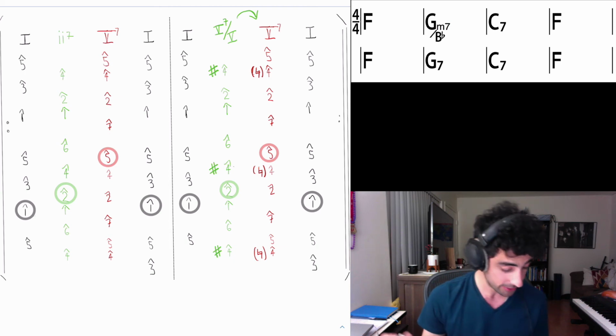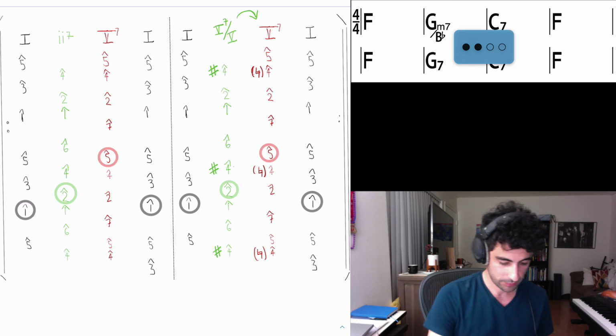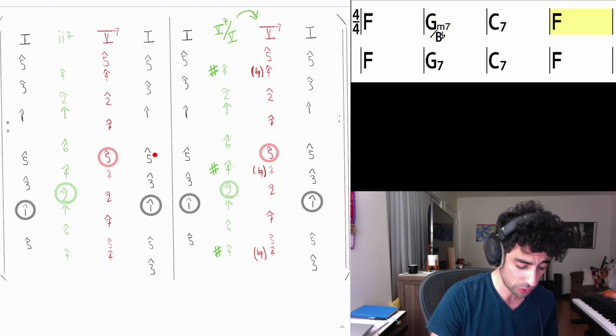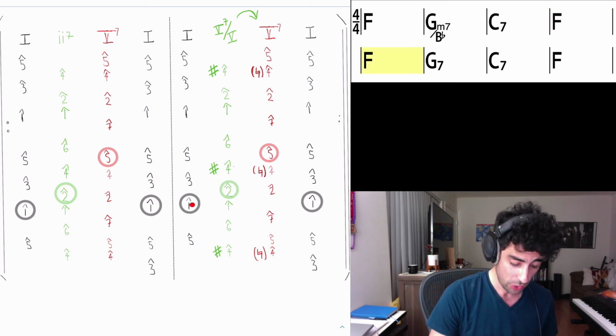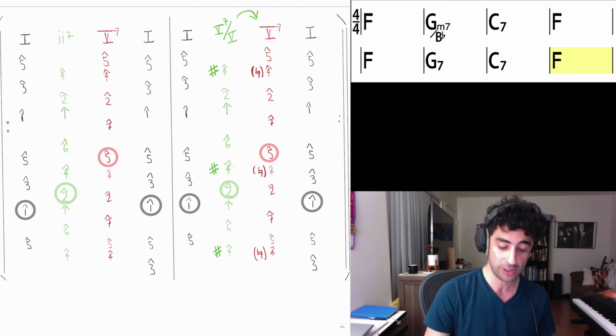Is that how you say it? Let me show you how that would sound. Do, mi, sol, do, re, do, la, fa, re, fa, sol, ti, do, sol, mi, do. Do, mi, sol, do, re, do, la, fi, sol, ti, re, fa, mi, do, sol, mi, do.